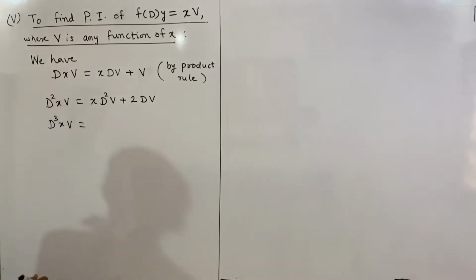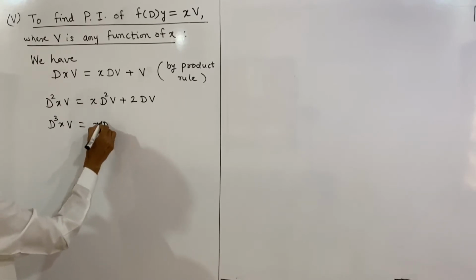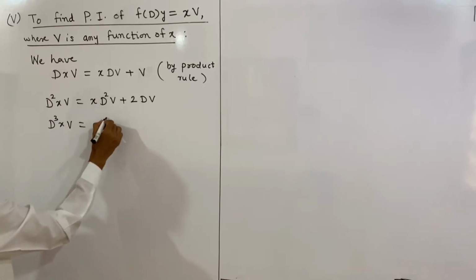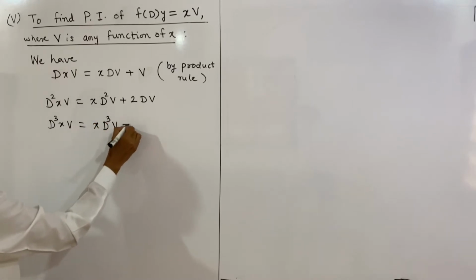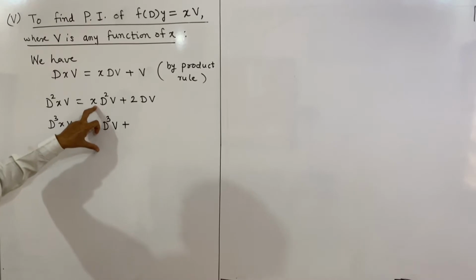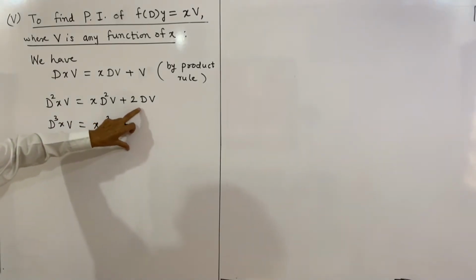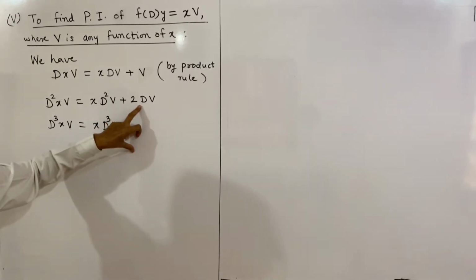And likewise D cube of xv will be equal to, again if you differentiate this using the product rule, x times D of D square v, that is D cube v, plus the derivative of x, which is 1, times D square v, plus now it is 2 Dv, its derivative D of Dv is D square v.